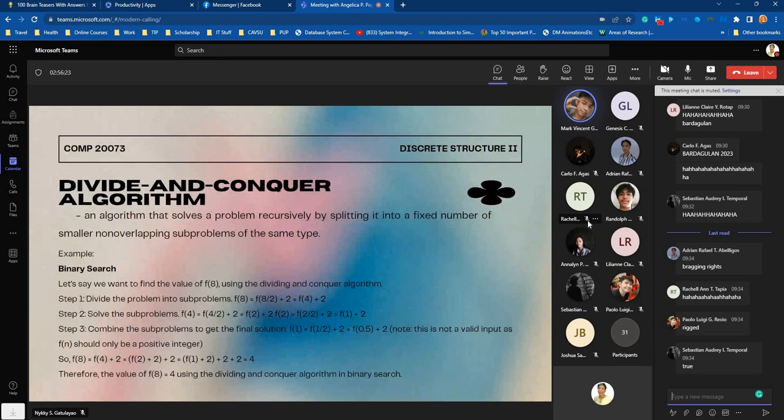Note, this is not a valid input as f of n should only be a positive integer. f of 8 equals f of 4 plus 2 equals f of 1 plus 2 plus 2 plus 2 equals 4. Therefore, the value of f of 8 is found using the divide and conquer algorithm. Next slide.